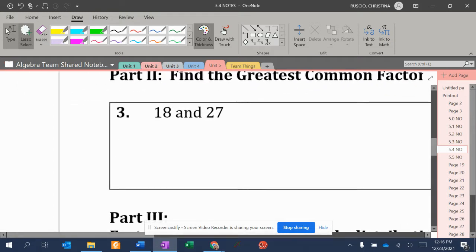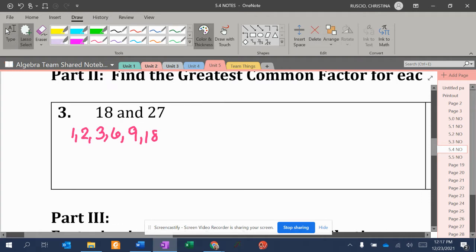If you think about 18 and 27, the factors of 18 are 1, 2, 3, not 4, not 5, 6, not 7, not 8, 9, and 18. All of those numbers divide evenly into 18.